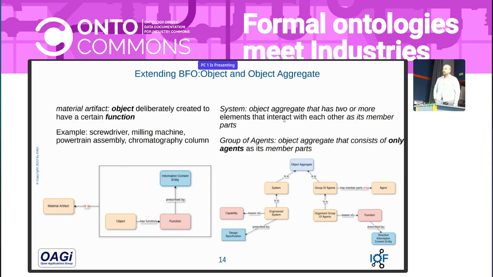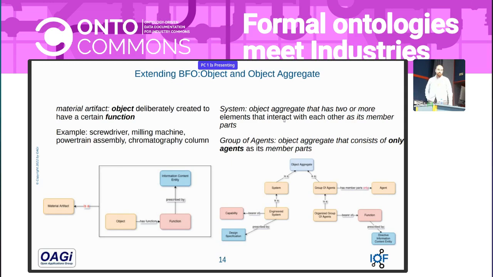On the other side, for the object aggregate branch, which is essentially how objects can be aggregated and combined together, we have a system, which is a collection of elements that are in interaction, as well as a group of agents, which is essentially a grouping that consists of only agents. And just to make it more clear, for some of their subspecializations, there's engineered system, as well as organized group of agents.